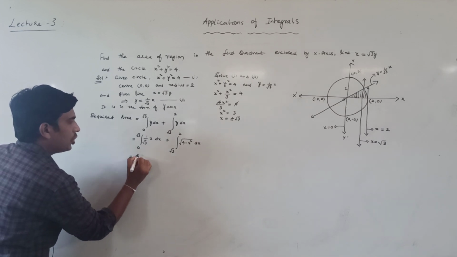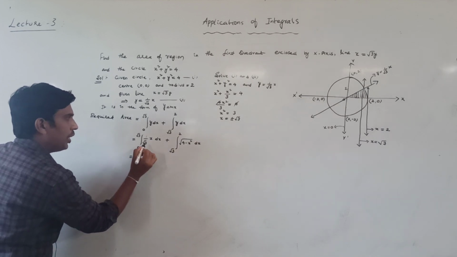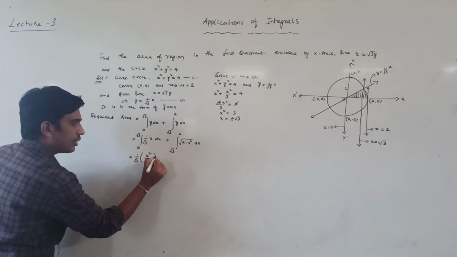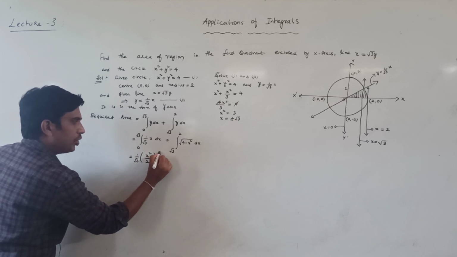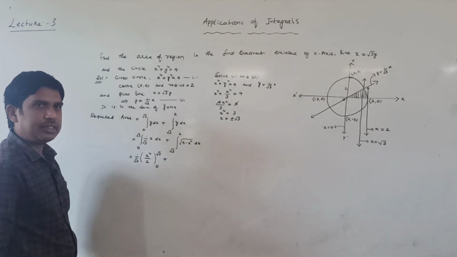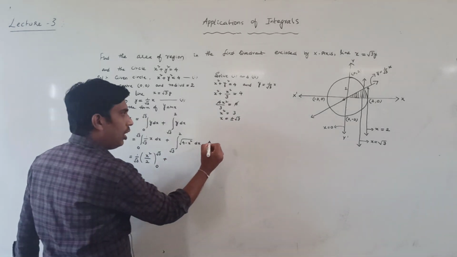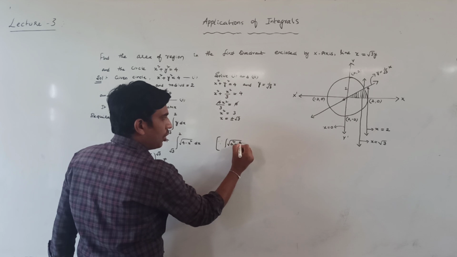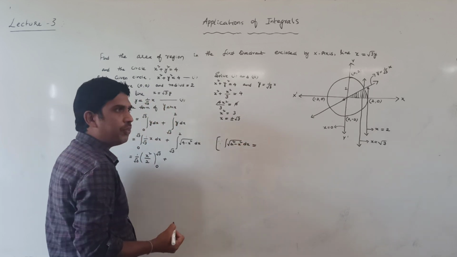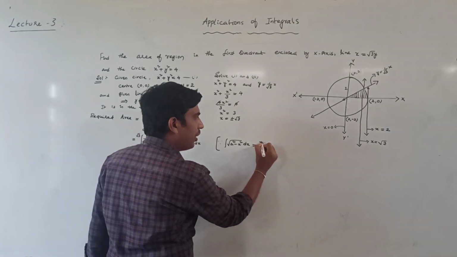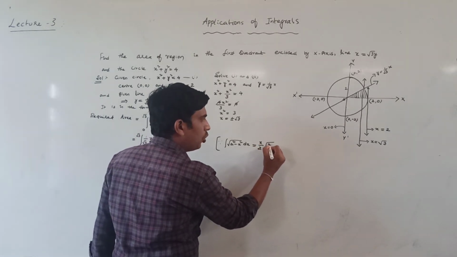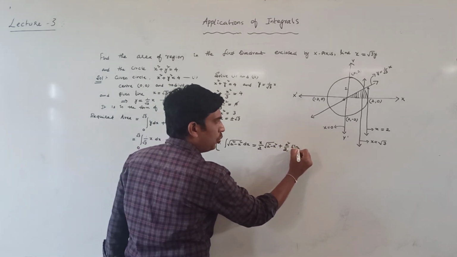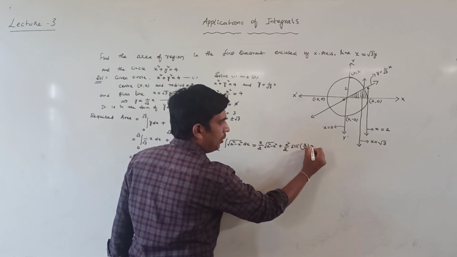So therefore the constant 1 by root 3 goes outside, integral of x dx. The formula is x square by 2, limits from 0 to root 3, plus it is in the form of the integral of root over a square minus x square. In integration we have the formula: the integral of root over a square minus x square is x by 2 root over a square minus x square plus a square by 2 sin inverse of x by a.